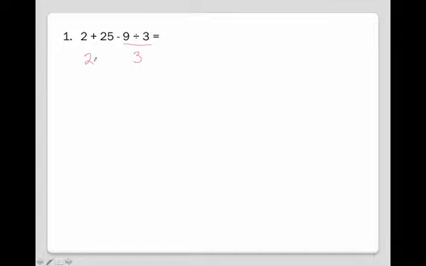I'm going to write out the rest of the equation. Then I just have addition and subtraction, so I'm going to start over here on the left. 2 plus 25 is 27. I'm subtracting a 3, so that equals 24. Okay, and I do want to see you do your steps because it's so easy to forget and do the wrong operation first. Okay, so please be sure to show those.